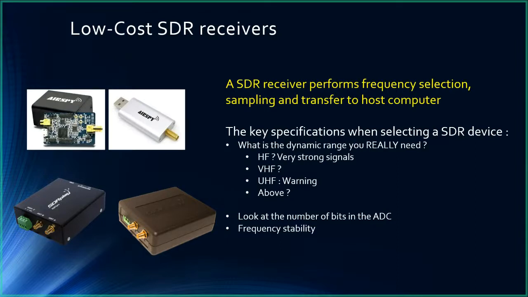If you're listening to VHF signals, unless you have FM broadcast very close to you, most of the time, in the 2 meter band or the 6 meter band, there are not so many strong stations out of our bands. In UHF you need to be careful because it depends on what you have close to you.